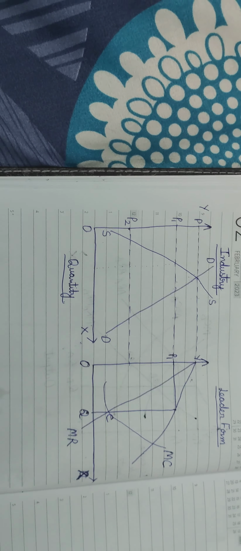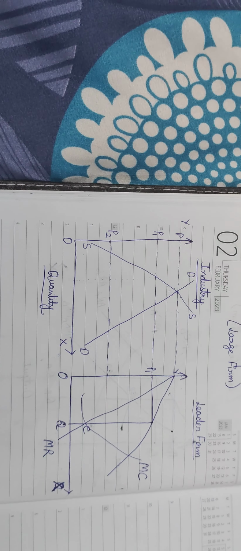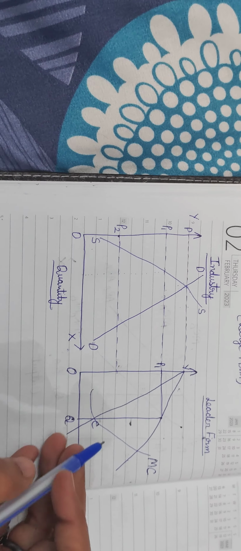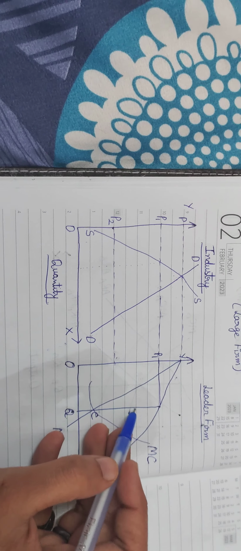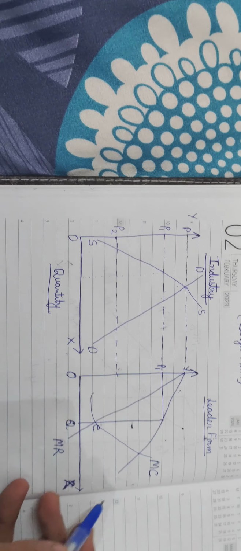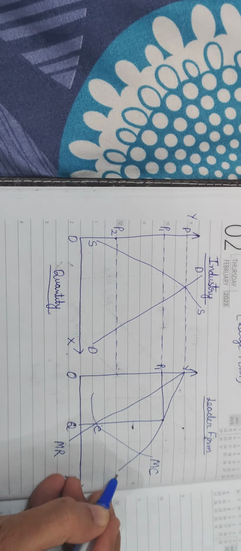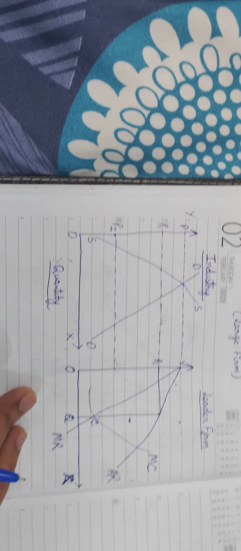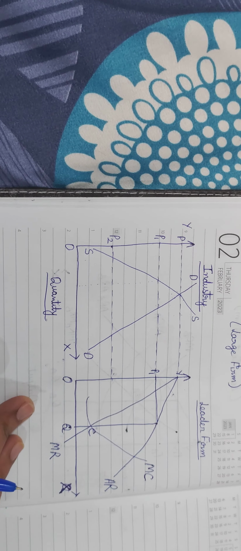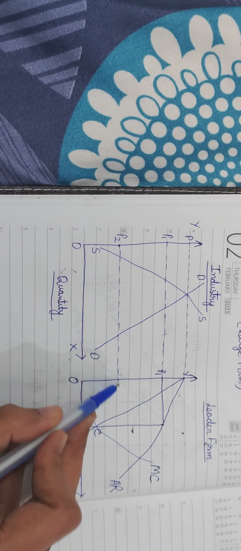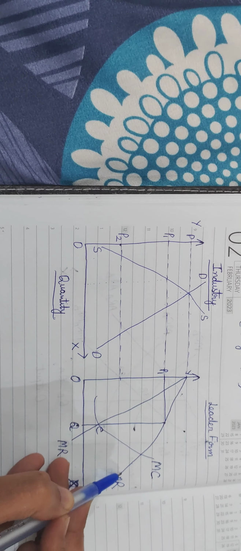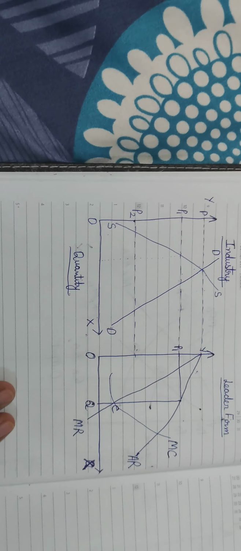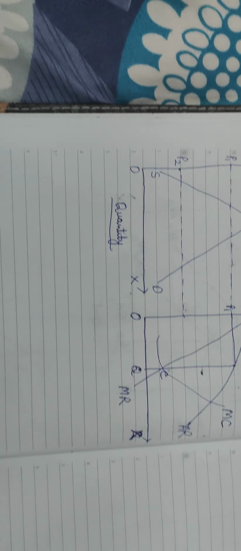Now what will the leader firm do? It will join all these points, and this will become the AR curve for the leader firm.